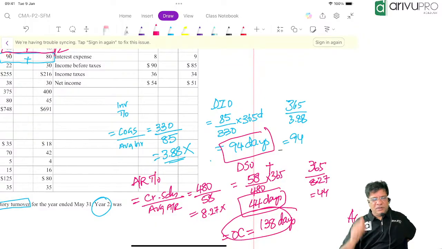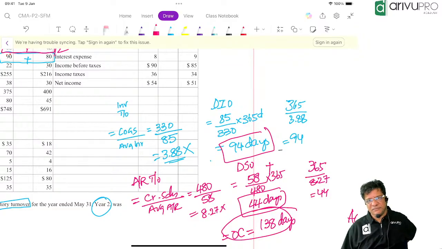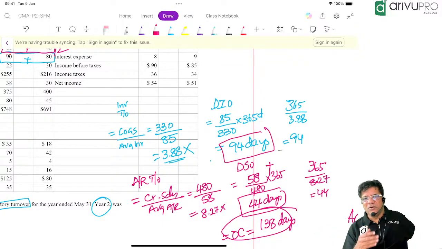Okay, if your product is good quality, but what is good quality if the money is not coming? How do you survive? You have to go to the bank loans. You get the loan, and pay salary, pay accounts payable. Is it a good working capital management? You are increasing the cost also, right?